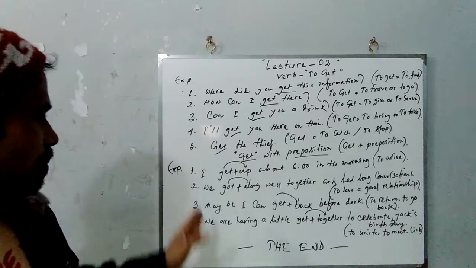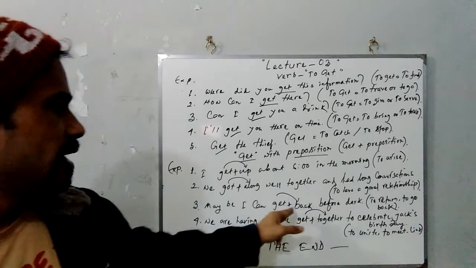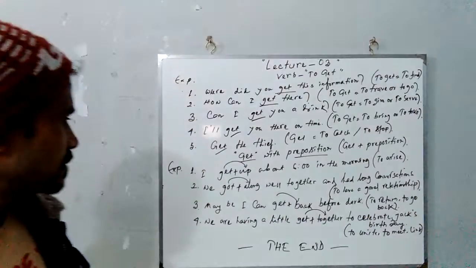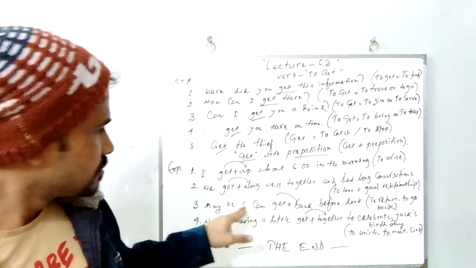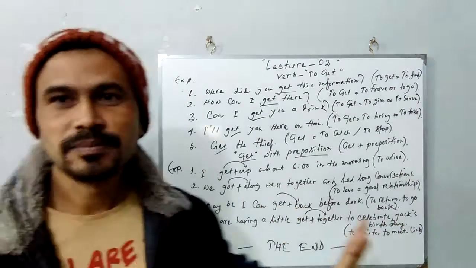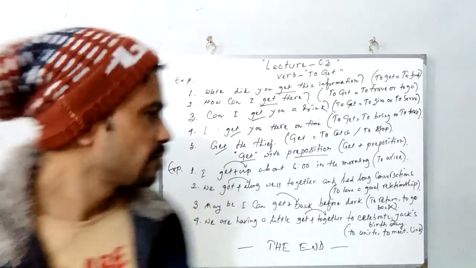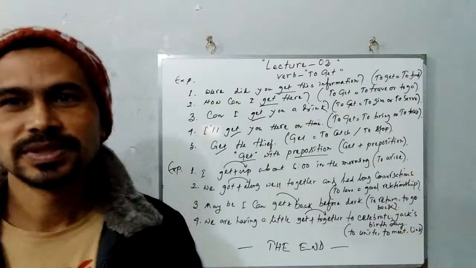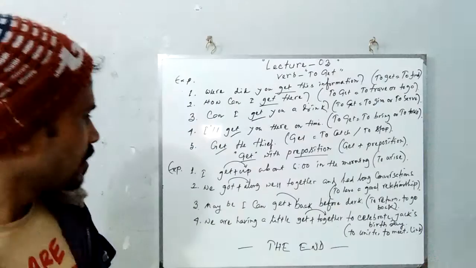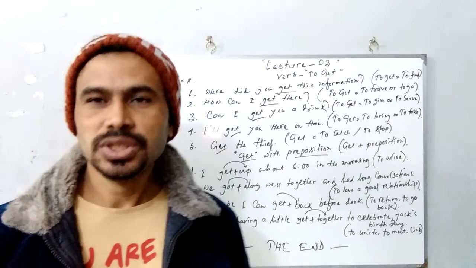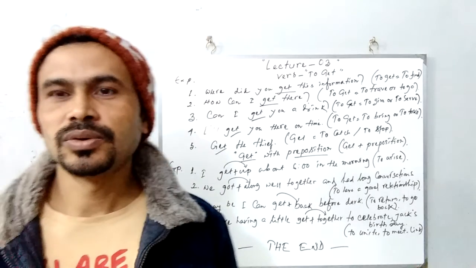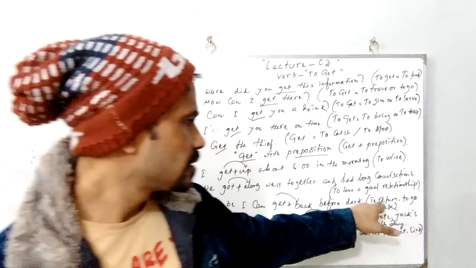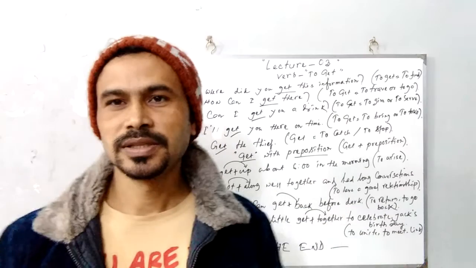Number 3, maybe I can get back before dark. So get back means what here? Get back means to return, to go back. So when you want to use get back, you have to understand the meaning should be to return, to go back.